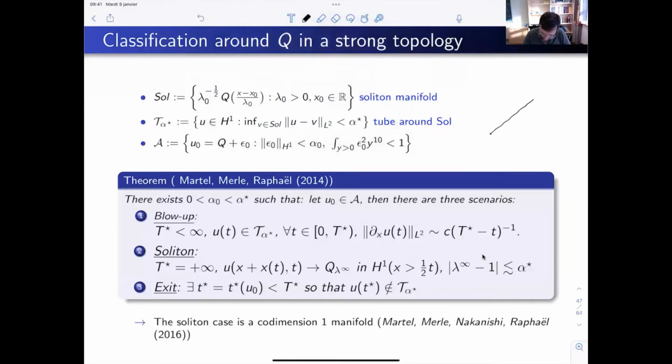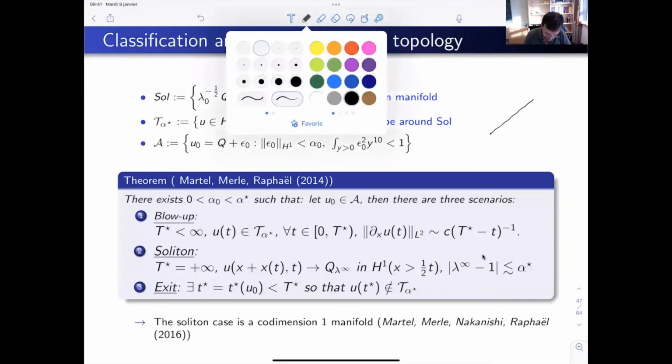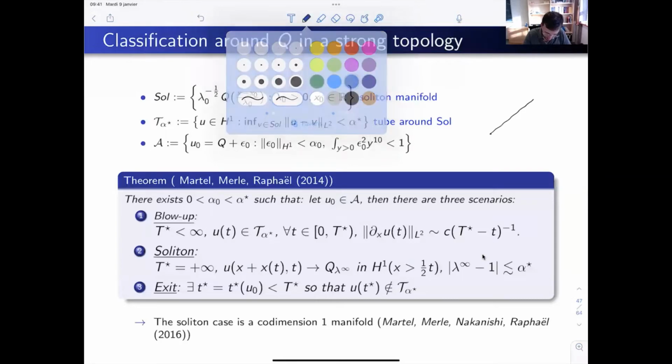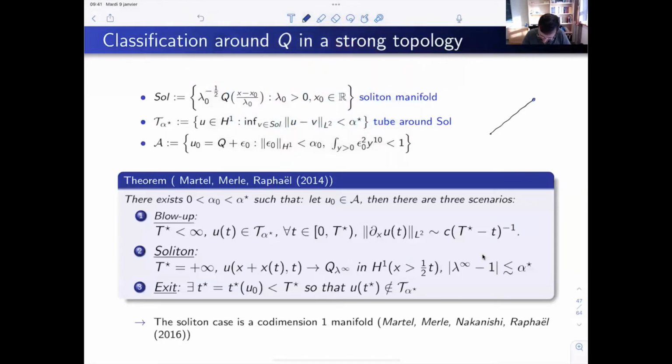Okay, so say that this guy here, this is Q. So you're in a neighborhood of Q. This is the L2 norm of Q. Well, this has to be a circle.